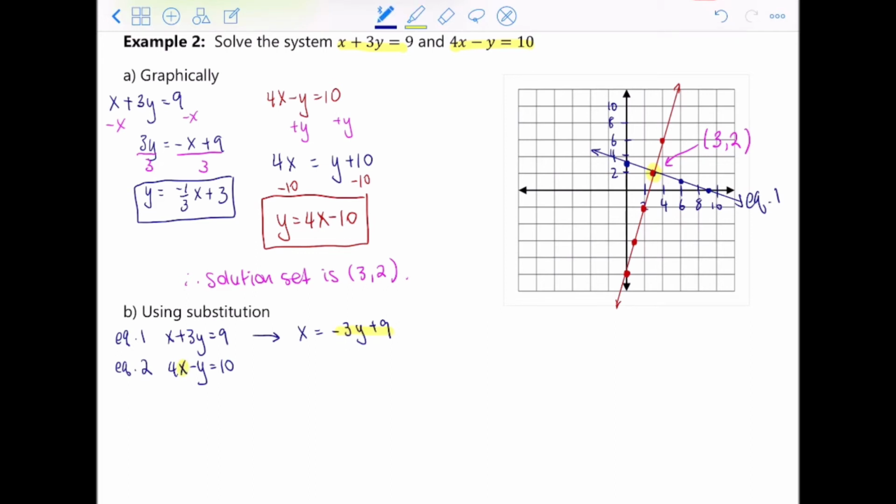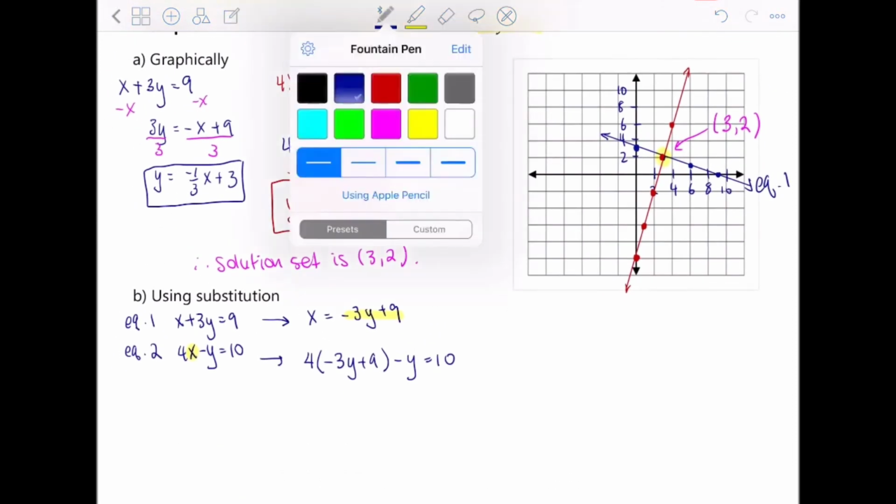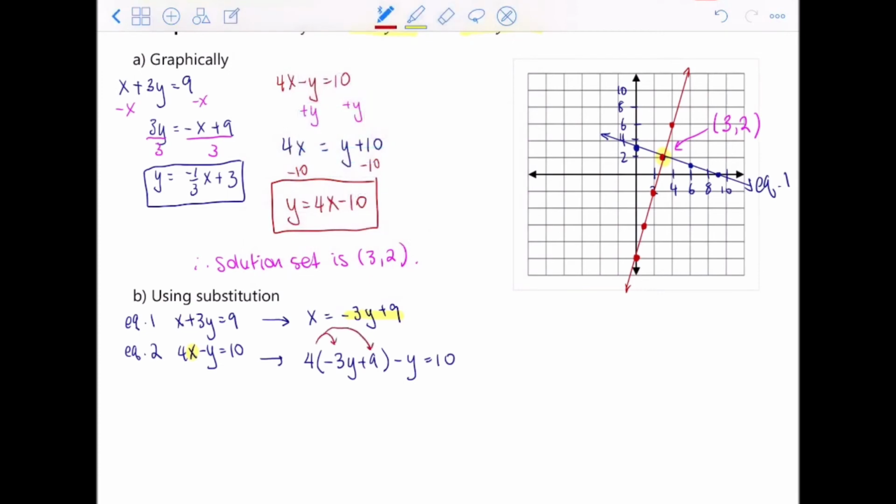Okay, so I'm just going to sub this x expression into the second equation's x. So we can rewrite 4 times negative 3y plus 9, minus y equals 10. All right, and then we're going to expand. Make sure to expand it to both terms. So negative 12y plus 36, and then minus y equals 10.